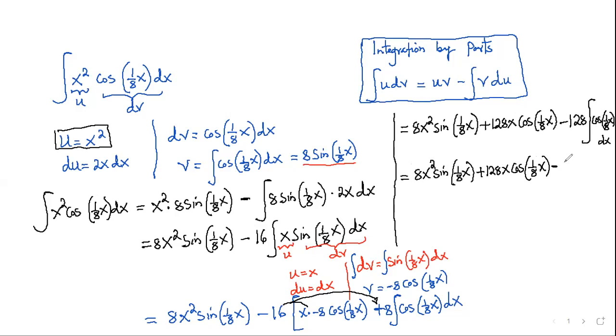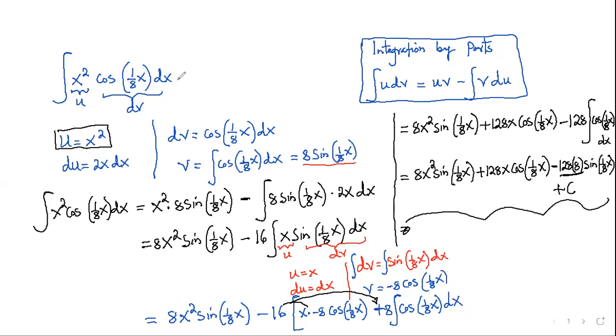We already know that from previously. So this is 128 times 8 sine 1/8 x and then plus c. So your final answer is that. I don't need to write it again, but that is what it is. Just need to multiply these two numbers, and that's it.